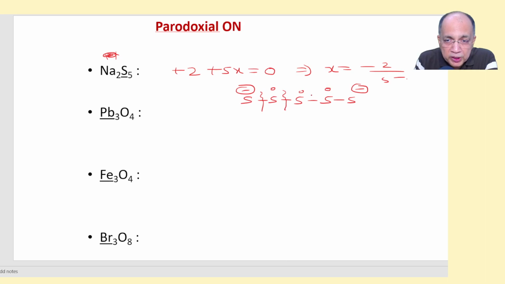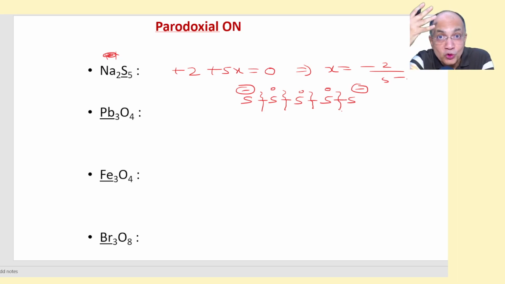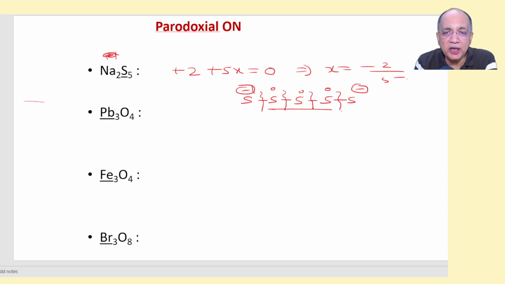So they will be broken in a homolytic manner, in a very even manner, so that nobody will gain, nobody will lose. This is called homolytic cleavage. And the other one, where both the electrons go to one side, is called heterolytic cleavage. So here the homolysis will happen, hypothetically, so that these three will have 0 oxidation state, and these two will have minus 1.